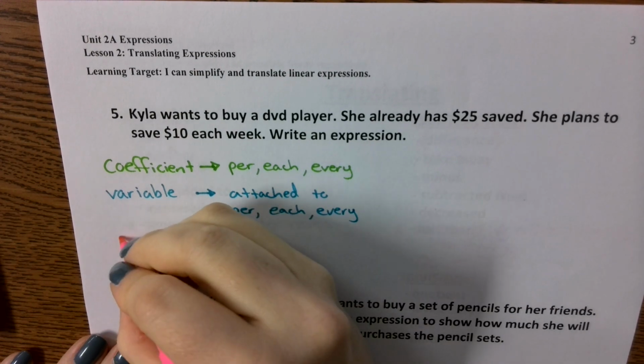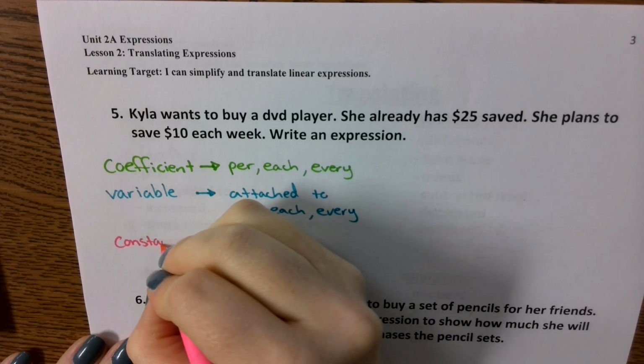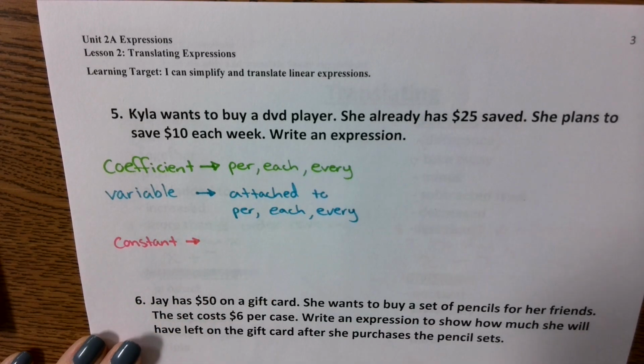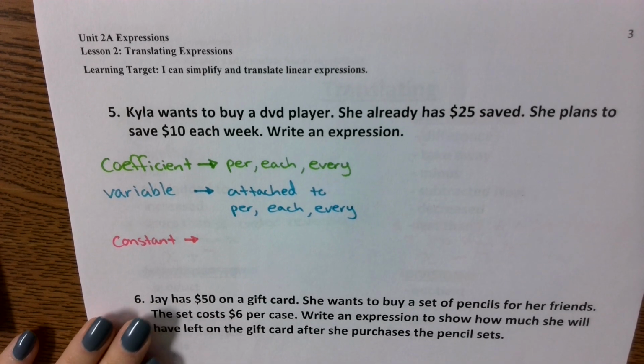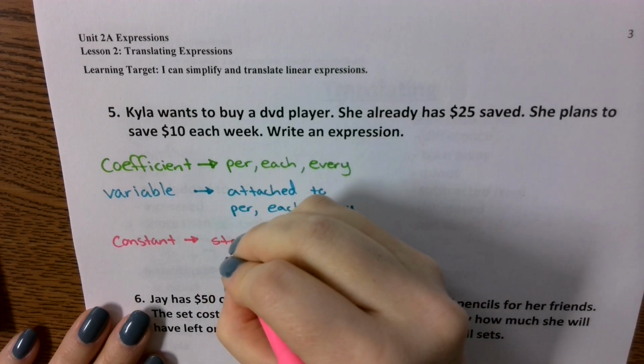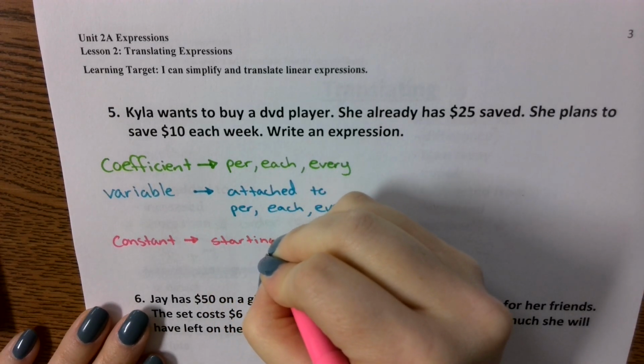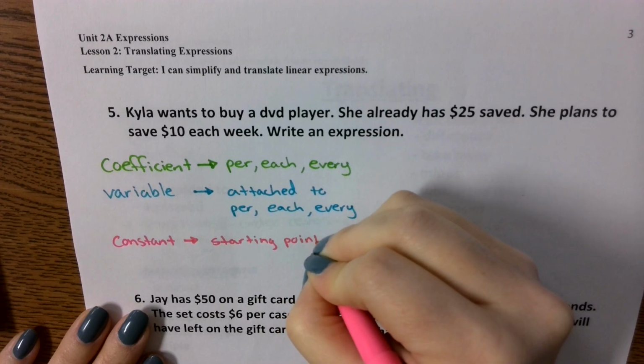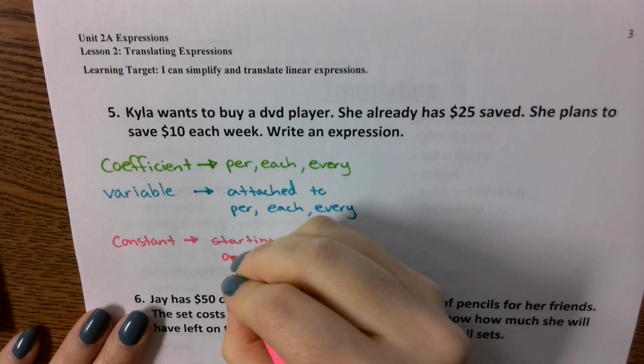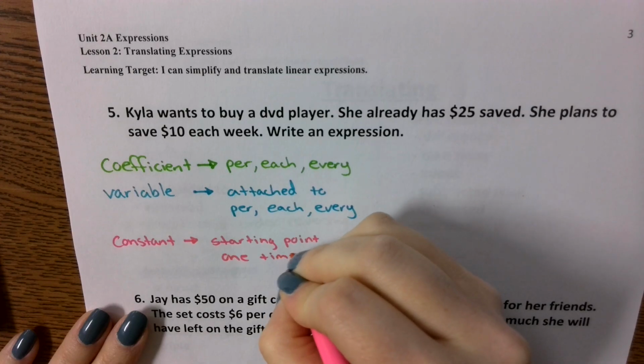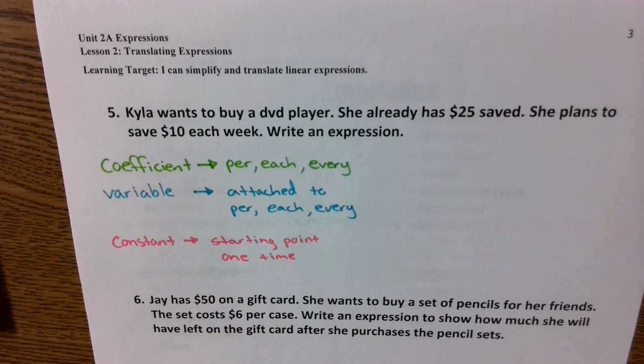And then a constant is typically a starting point or a one-time value. Something that you started with, or something that's only going to happen one time. Often you'll see a fee. Terms like fees would be a good representation.